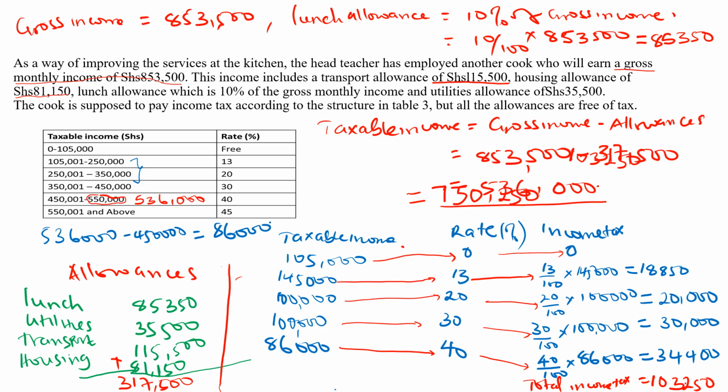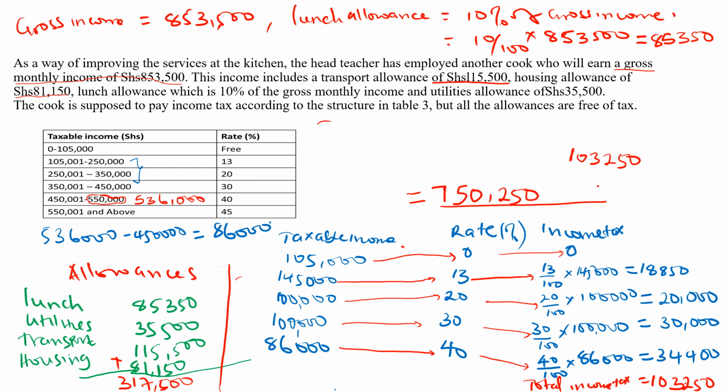So that is the income tax. But remember, they had not asked us to find the income tax. So you're going to allow me to take off this one, taxable income, now that we have seen it. And then we've come here and we find the net income.